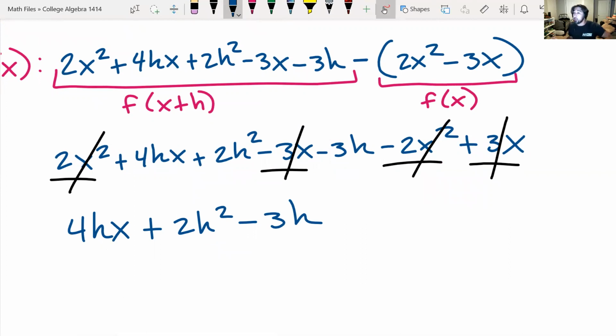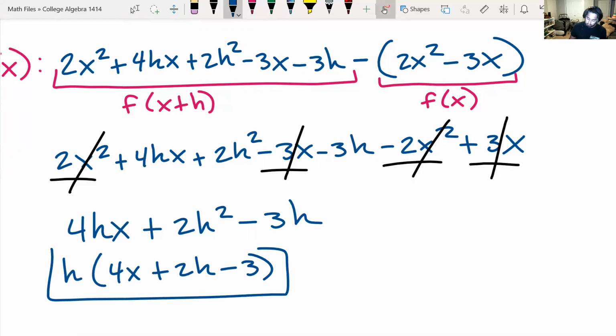So for these notes, let's go ahead and factor out h, because if we factor out the h, it's going to make the last step a lot easier. So take the h out, and we're left with 4x plus 2h minus 3. And that ends step 2, or step B as I have it.